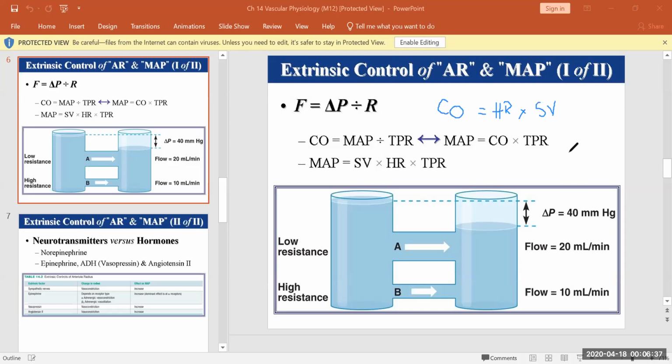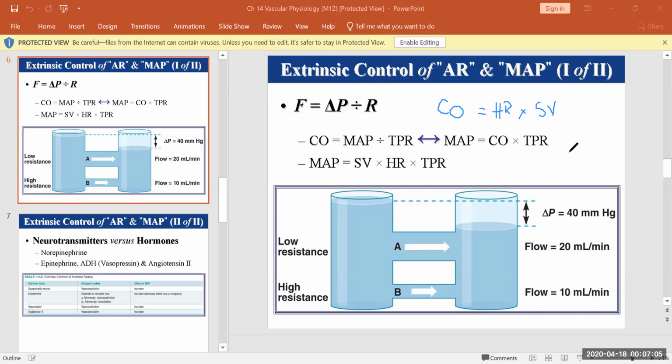So we talk about this in chapter 13. The heart has two components, right? A mechanical component and an electrical component, okay? Both the electrical component and the mechanical component work together as yin and yang, as man and wife, as a team to pump blood.